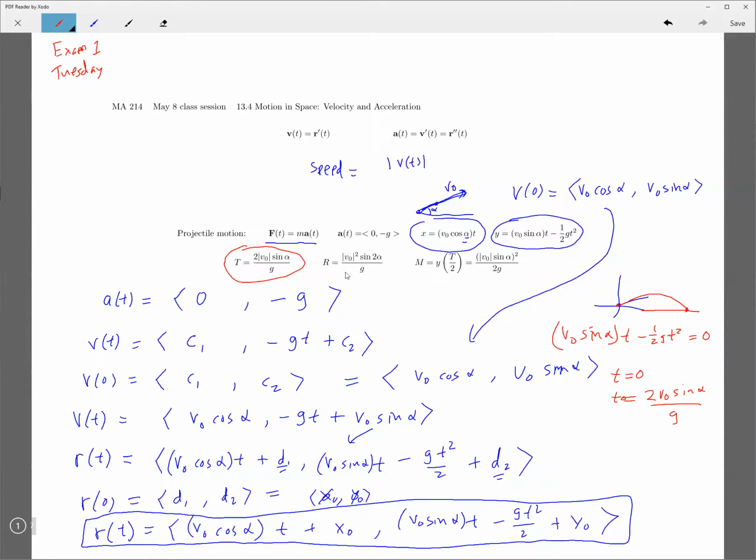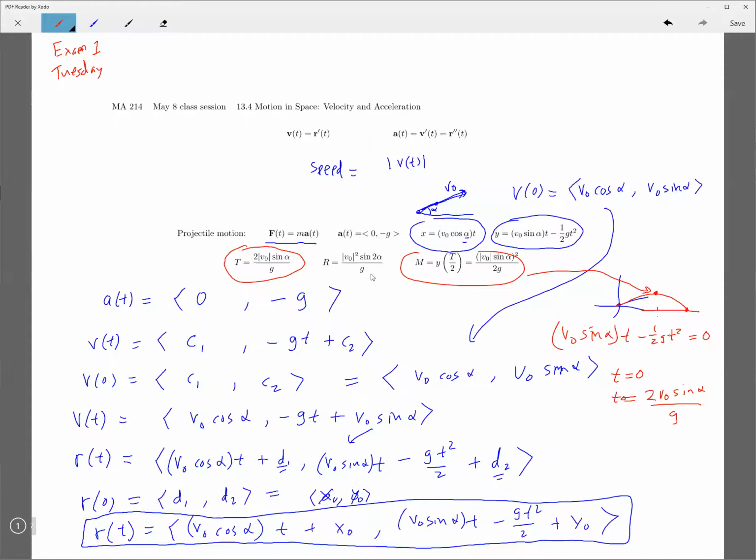And then if we plug this value into the t here, that's going to give us the range. And if you plug in half of that value, then at t/2, it's going to reach the maximum height. So the maximum height is this one.